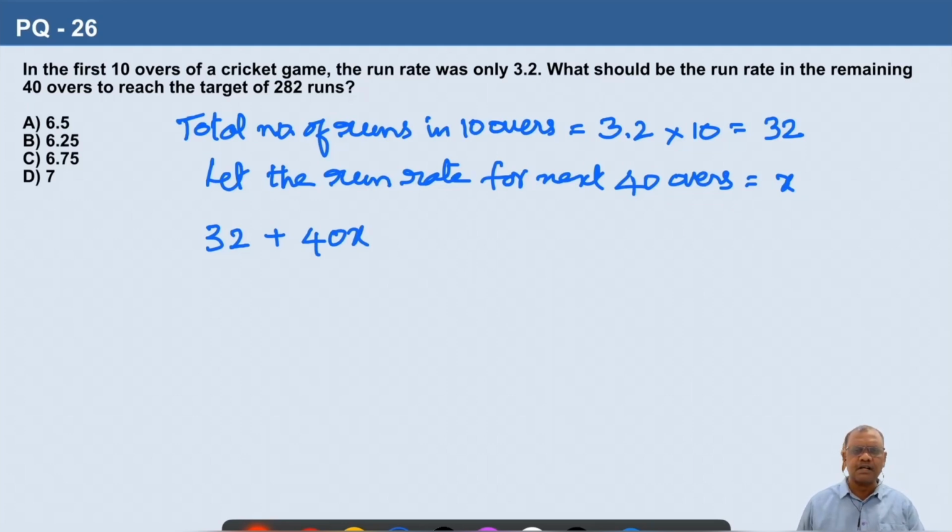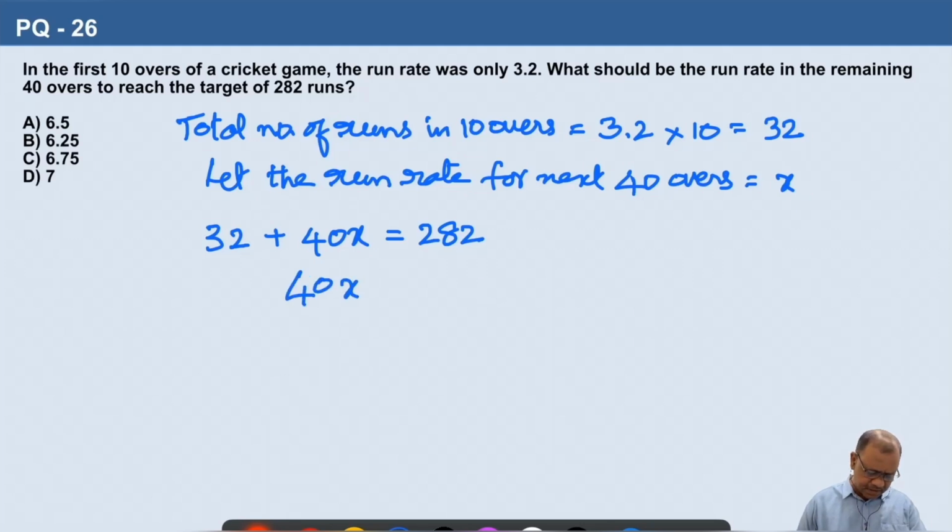So, these are the number of runs made in all the 50 overs. That must be equal to 282. If you find the value of x, that gives the average run rate for the 40 overs. Simplify this and find the value of x.